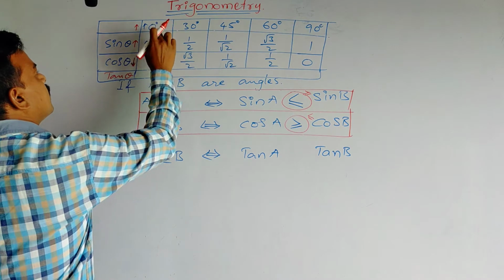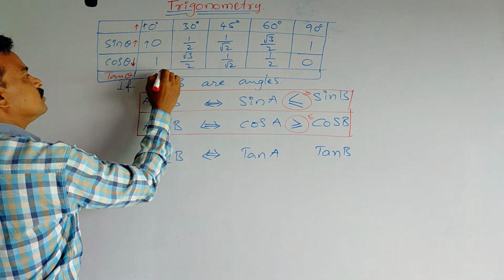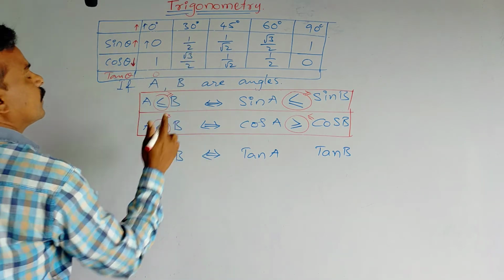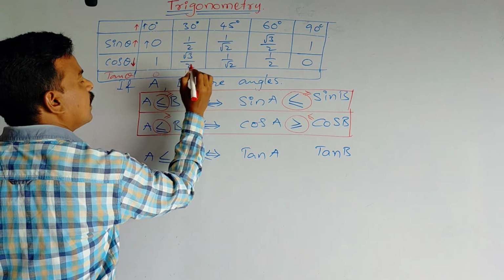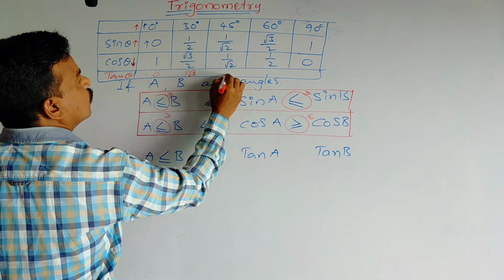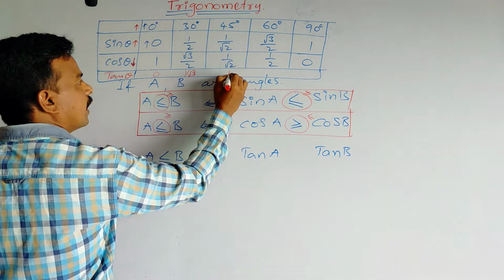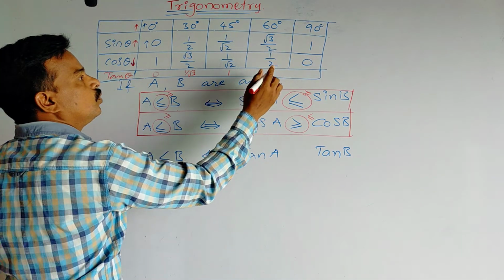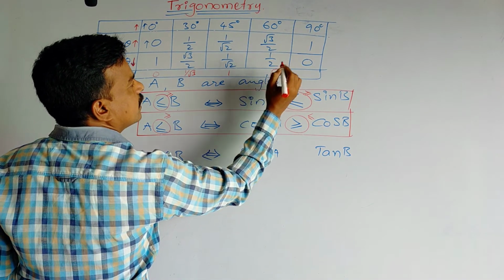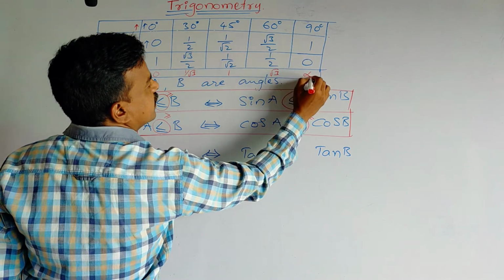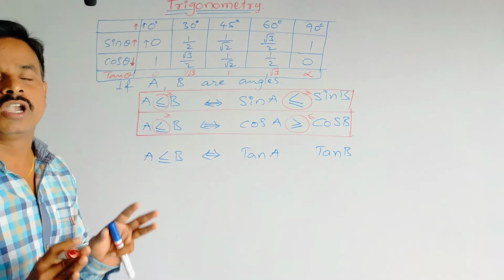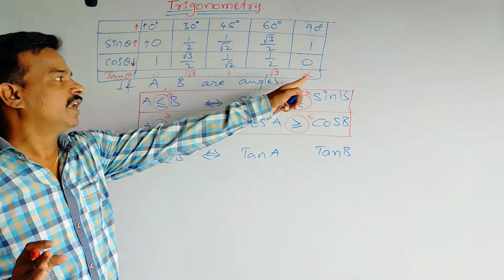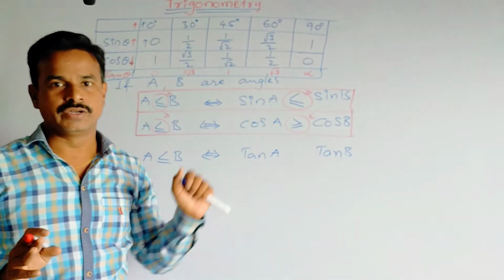So tan theta: 0 by 1, 0 only; 1 by 2 by root 3 by 2, 1 by root 3; and 1 by root 2 by 1 by root 2, it is 1. And root 3 by 2 by 1 by 2, root 3. And 1 by 0 is infinity. Division by 0 is not defined, that is why we can say it is not defined or infinity.